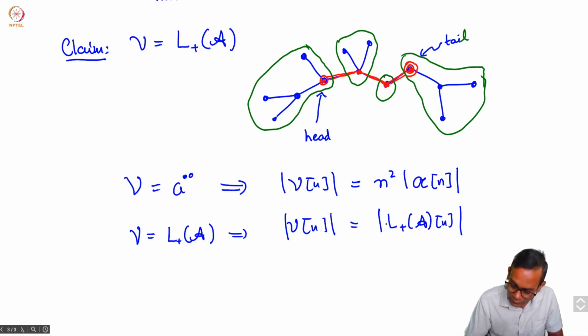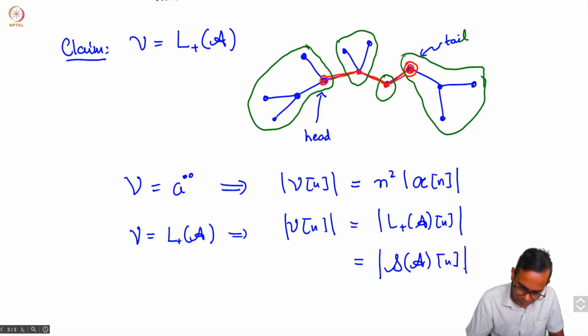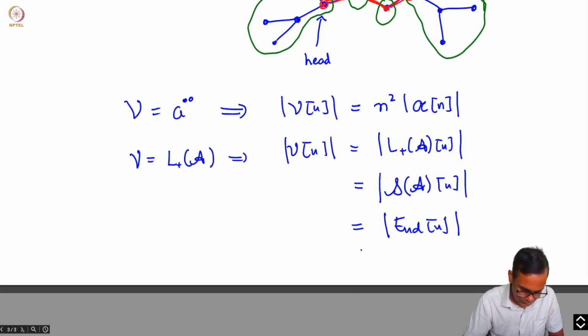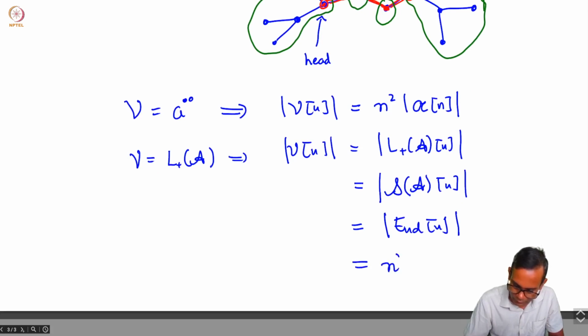And so I can say not that S is isomorphic to L, but S is equipotent to L. And so what I get is that this is S A n, but that is nothing but, we've seen that S of A is endo functions. And then you ask, well, how many endo functions are there on a set of size n? It's n to the power n.